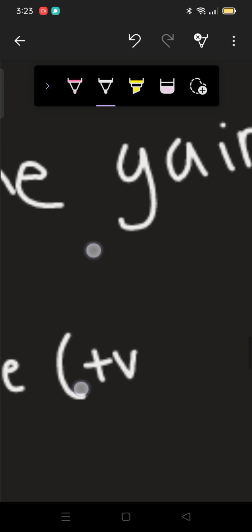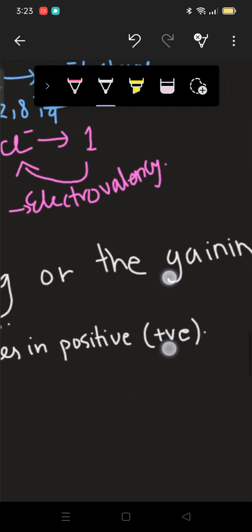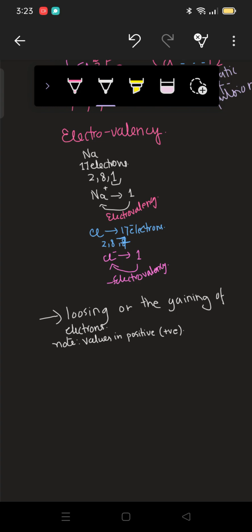So now you see what electrovalency is. Electrovalency is just gaining or losing of an electron. If your atom gains an electron, it gets some charge on it, and that is its electrovalency. But you don't need to consider the charge sign, because the charge would always be positive in electrovalency.